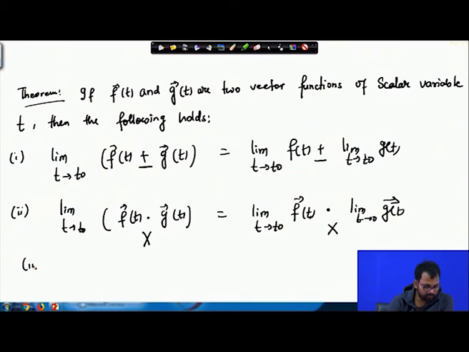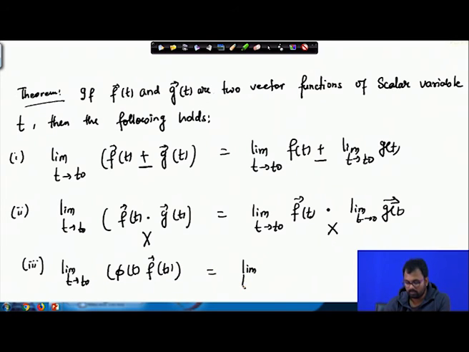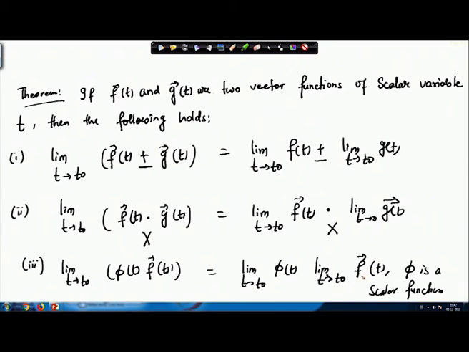And the third and fourth properties: the third is limit t goes to t0 of phi(t) times f(t) is equal to limit t goes to t0 of phi(t) times limit t goes to t0 of f(t), where phi is a scalar function. So, if you have a vector function multiplied by a scalar function and you take the limit, it is the limit of the scalar function times the limit of the vector function.